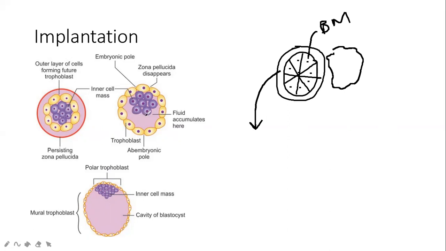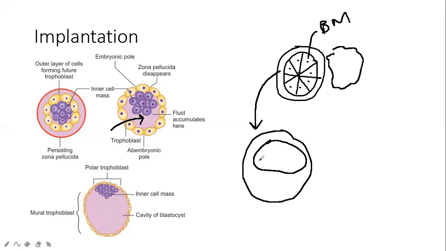In the process of this fluid accumulating, this cell mass, this morula, divides into cells that will be outside. So these cells will divide themselves into outer cells and inner cells.